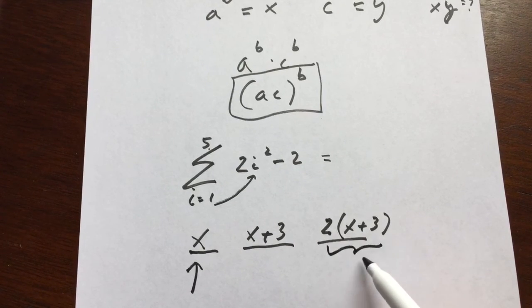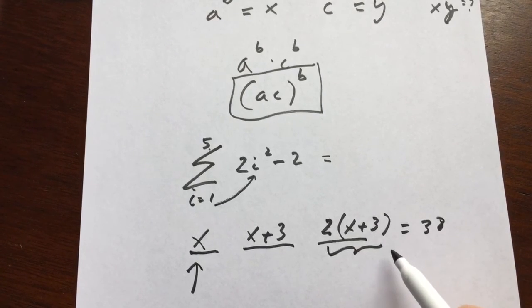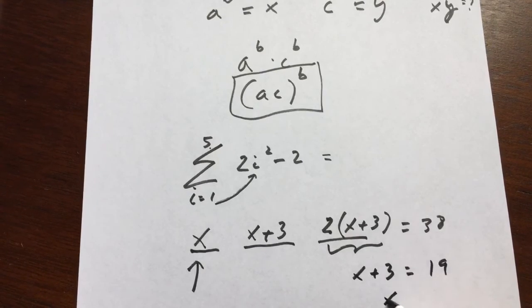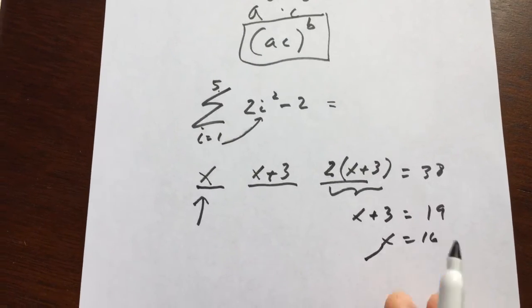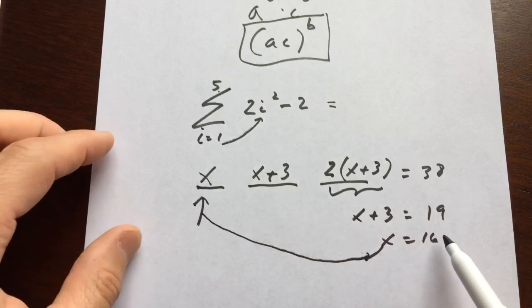So all you have to do is solve this equation, Jason: 2(X plus 3) equals 38. Divide both sides by 2, that's 19. Subtract 3, that's 16. So the first year is 16 million.